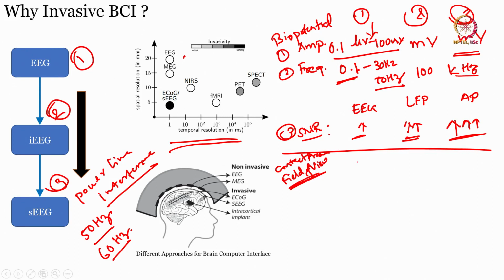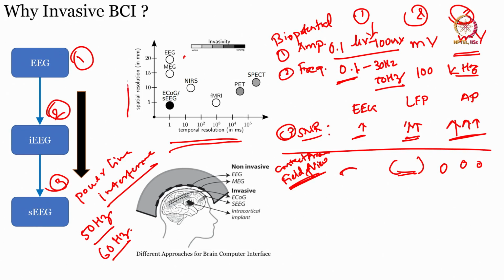In EEG you are only recording from your scalp, and here you are opening up your head and going into the cranium. So, here you will get a bigger view, which means the contact area is bigger. As you have seen in the previous slide, there are very small cavities in which you insert the electrodes and check the signal. EEG is anyway recorded from the human scalp, so there is no issue with that.